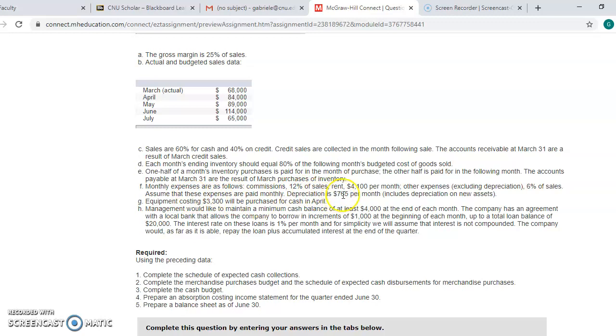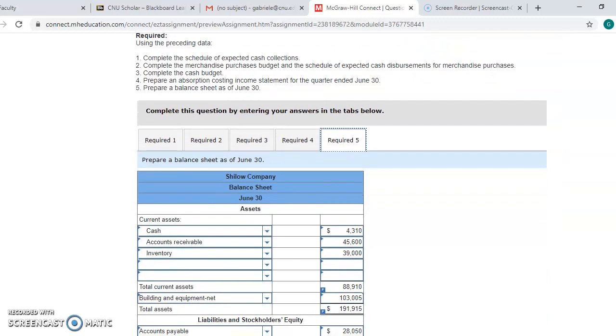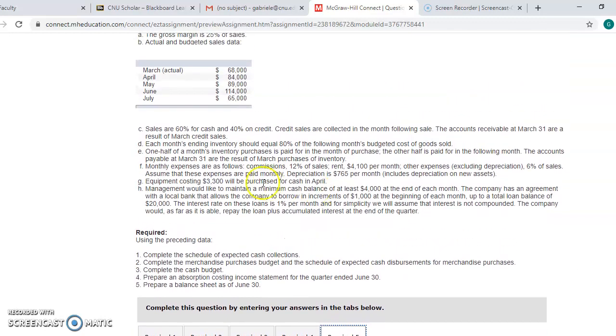So this means we have to multiply this by 3. 3 times 765 is 2,295. Hold on. 105,300 minus 2,295. Yep, okay. I just wanted to make sure I got my math right here.